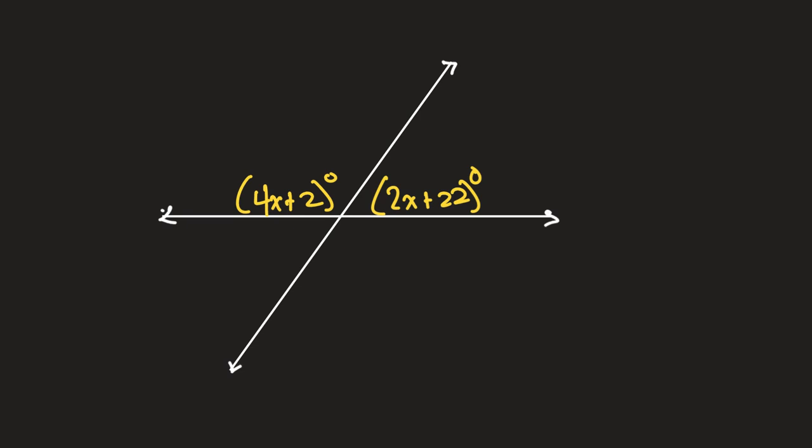They are going to have to add to 180. And so just like the approach that we just took in the previous problem, both angle measures are represented by algebraic expressions, a couple of binomials. So same approach. 4x plus 2 plus 2x plus 22 equals 180.